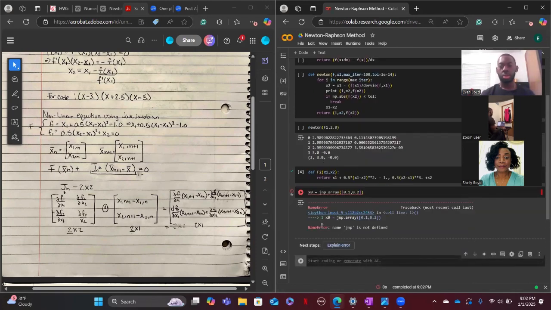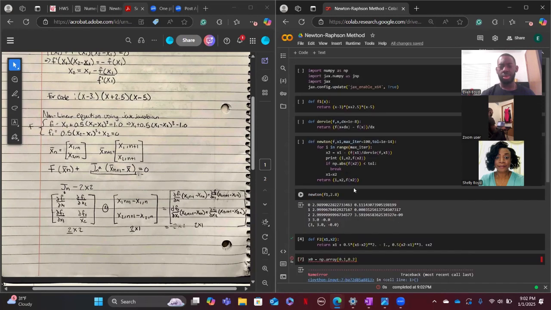Shift enter. Let's do np then. It's not defined. Oh, I have to redefine everything. Okay, I was wondering why it was doing that.